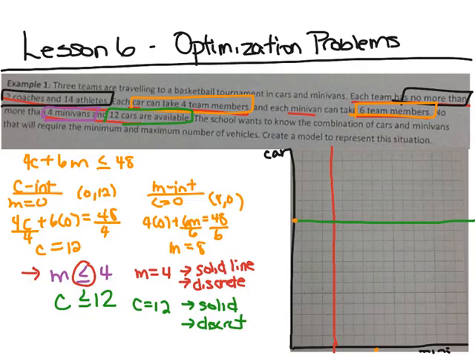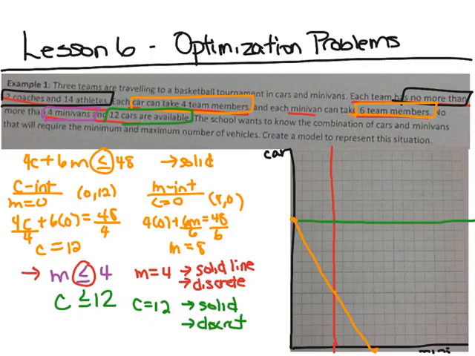We know that it's a less than or equal to sign, so it's going to be solid. And we are going to shade. We don't know where we're going to shade, so let's find a test point.